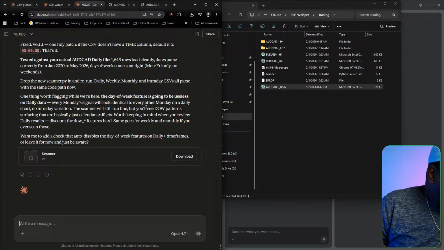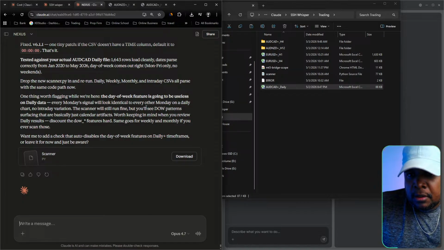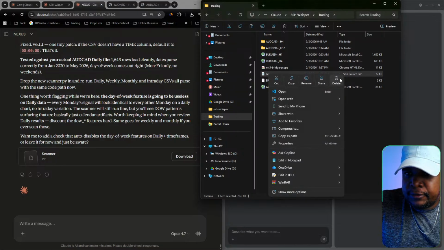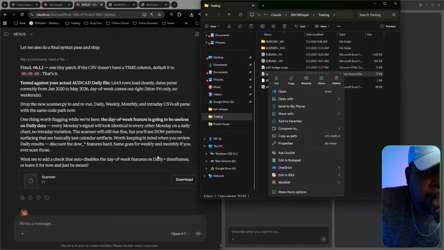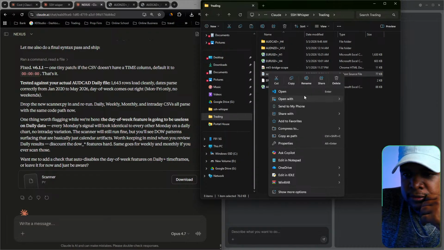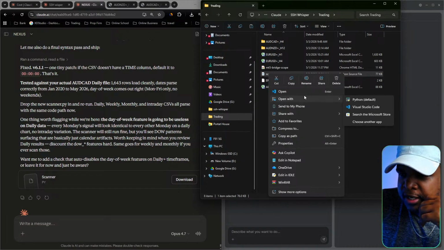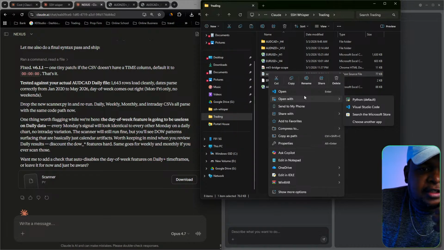Oh, we are back. All right, so the problem we were getting just now was the scanner itself had to be adjusted to see if we could scan any CSV data that doesn't have a time column.